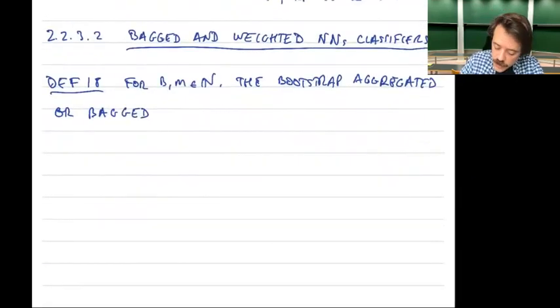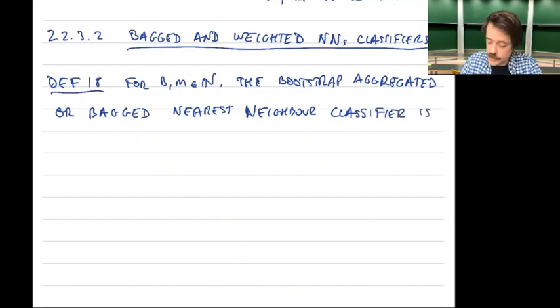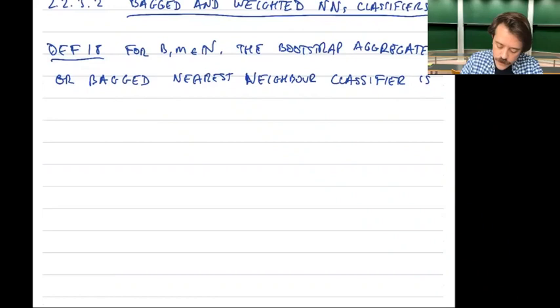So the bagged nearest neighbor classifier is defined as follows. So we have a few steps.